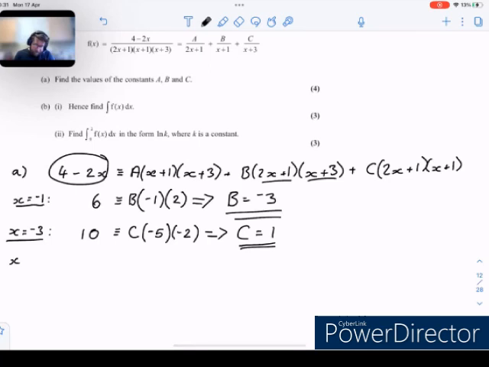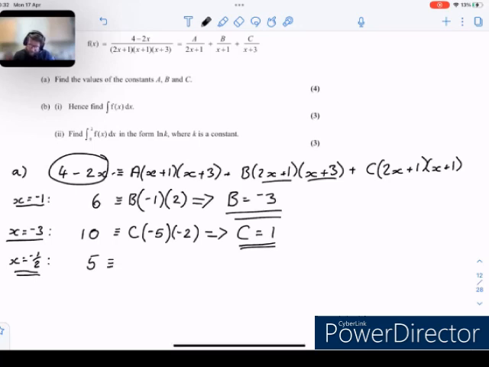To get A, we can sub in x equals minus a half. No need to do equating coefficients for this one, but that is a valid approach to finding the third value. Because we've got two of the values, we can just equate coefficients to work out the third, but this seems slightly easier. Minus a half is slightly harder to work with, so 4 minus 2 times minus a half. 2 times minus a half is minus 1, so this is 4 plus 1.